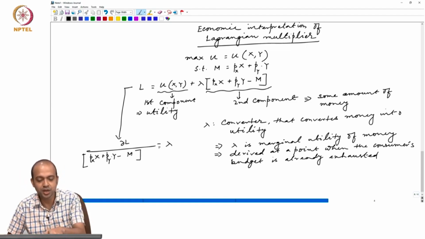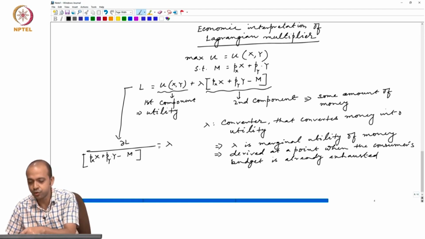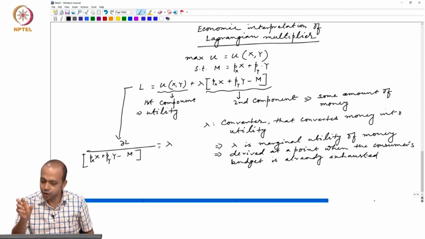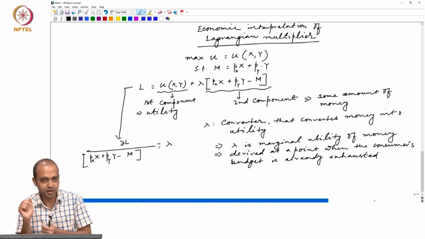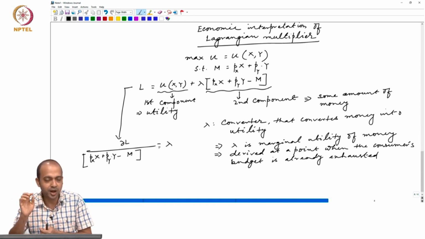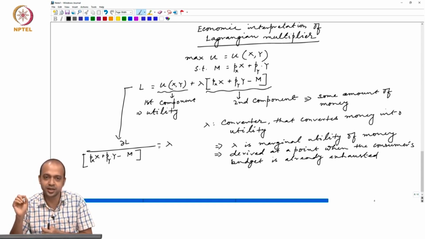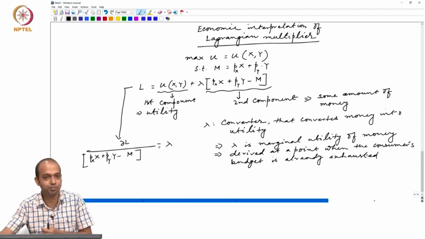So, that is why the interpretation of the Lagrangian multiplier in this context is marginal utility of money derived at a point when the consumer's budget is already exhausted. Now, if you keep this type of intuition in mind, in your lifetime you will never have any problem in understanding the meaning of the Lagrangian multiplier.